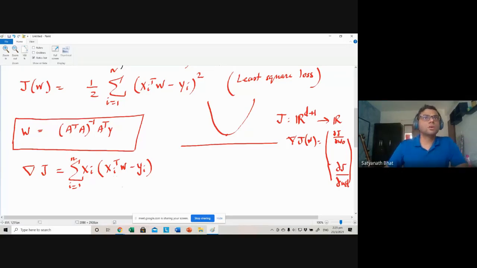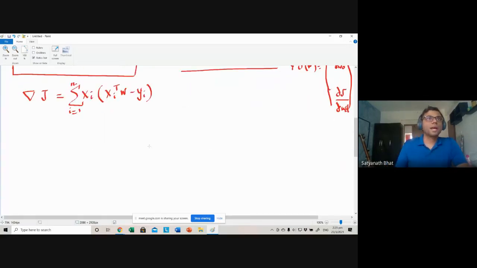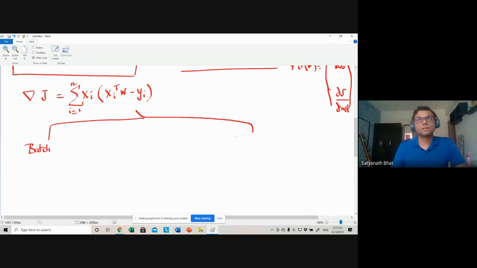Here again, we saw that there are two versions you can have. One is the batch and one is the stochastic gradient descent. This is a very important class of algorithms, stochastic gradient descent. We saw both of these. In the batch version, you take the entire gradient and then make a step like this: x(k+1) is xk plus some fixed eta.